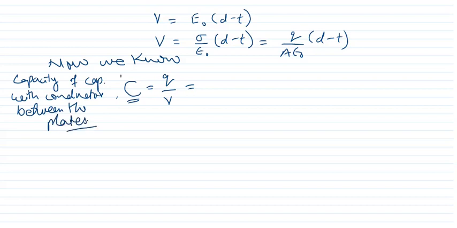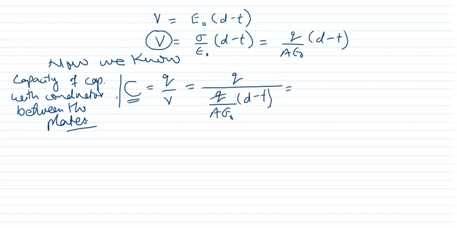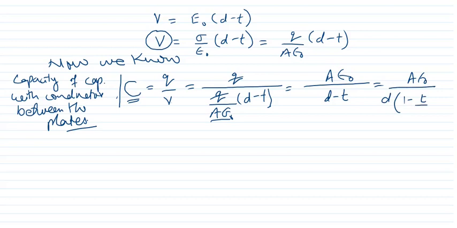So this capacity is equal to, basic concept, C is equal to Q upon V. Now Q, and what is the value of V? We will put the value of V from this equation, and it will be Q upon A epsilon naught D minus T, and Q will be cancelled out. A epsilon naught will move up, it will become D minus T. A epsilon naught upon D into 1 minus T upon D.